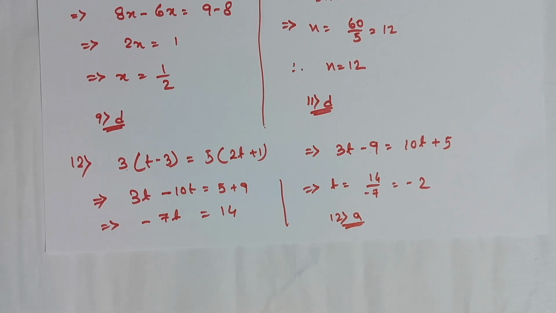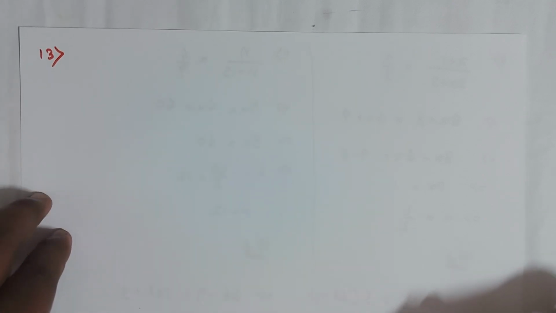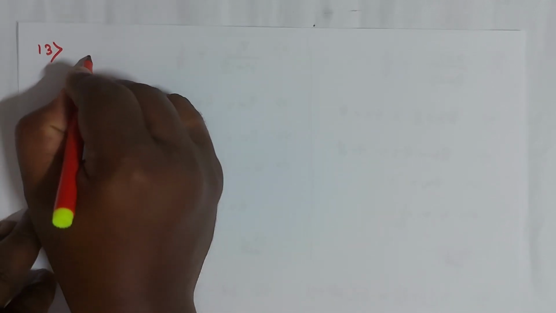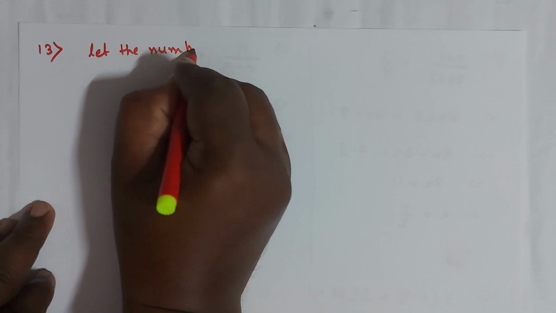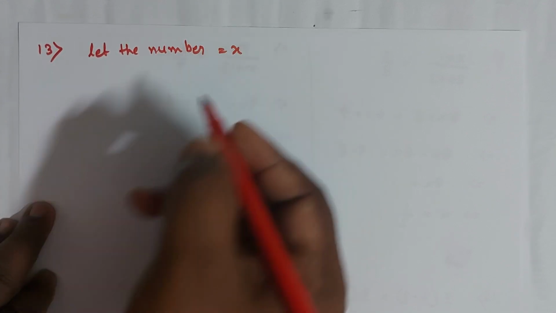Okay, next question is question number 13. 4/5 of a number is greater than 3/4 of the number by 4. Okay, so let the number equal x.